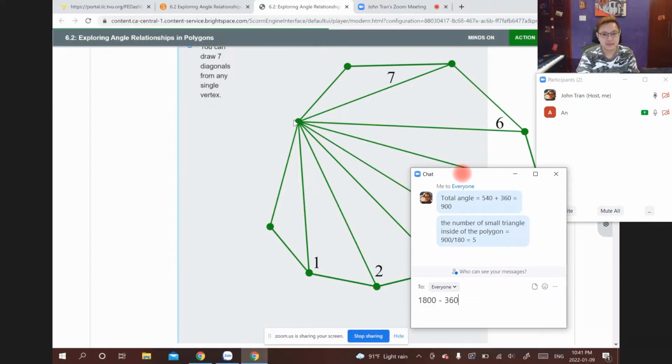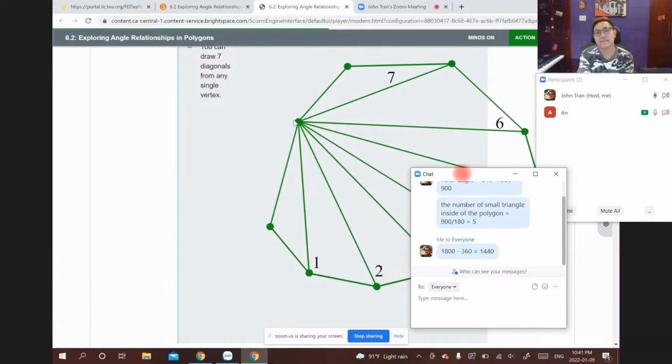Minus the 360 in the middle, you should arrive at 1440.